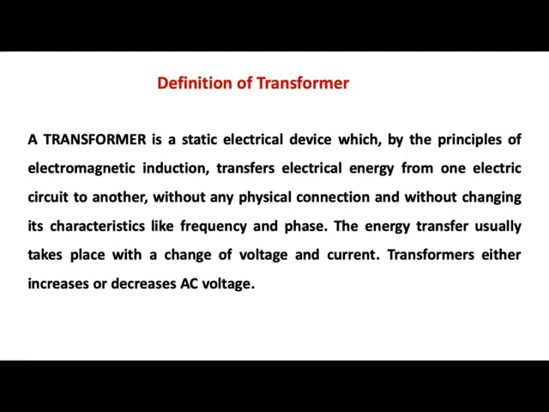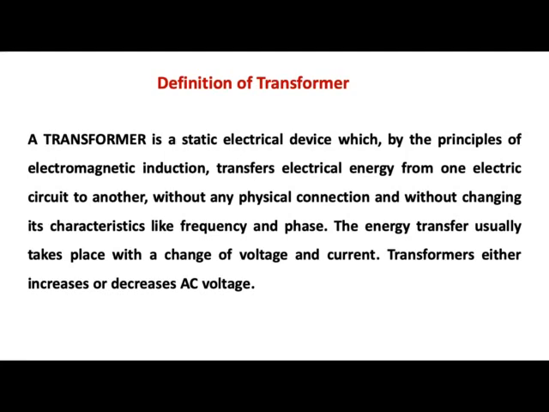Because transformer is a static device, the rate of change of flux is not possible by movement. Hence, the input itself has to be a variable quantity, and therefore the transformer works only on AC and not on DC supply, because AC gives you a constantly varying quantity, and therefore the flux is also a variable quantity, mostly a sine waveform.